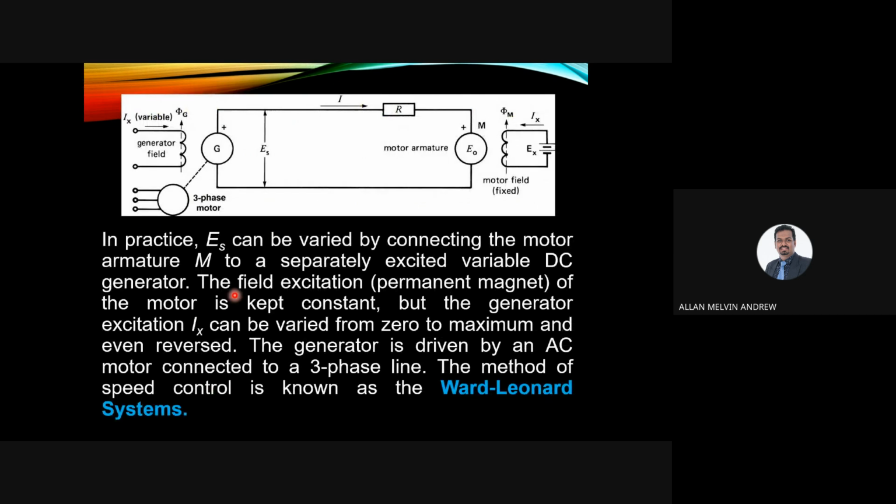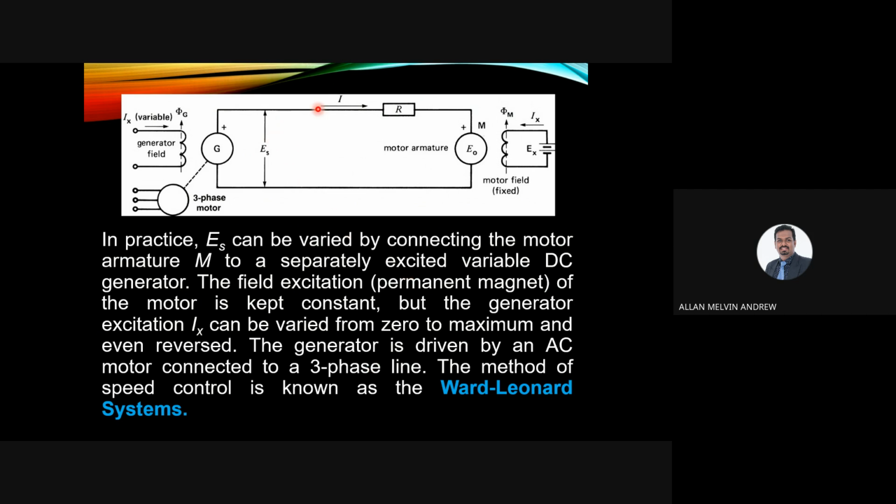Okay, so in practice, ES can be varied by connecting the motor armature to a separately excited variable DC generator. The field excitation of the motor is kept constant, but the generator excitation Ix can be varied from 0 to maximum and even reverse. The generator is driven by an AC motor connected to a three-phase line.